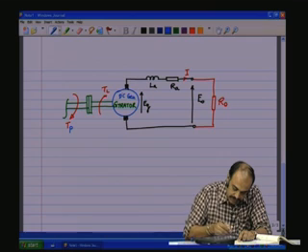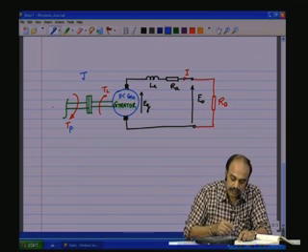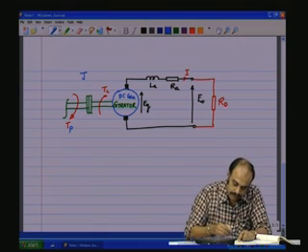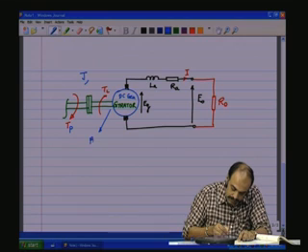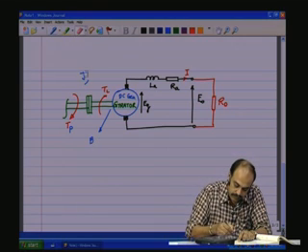Now, the shaft has an inertia J, the reflected inertia, including all the things that are coming from the prime mover side, and there could be a bearing friction B on the mechanical side.